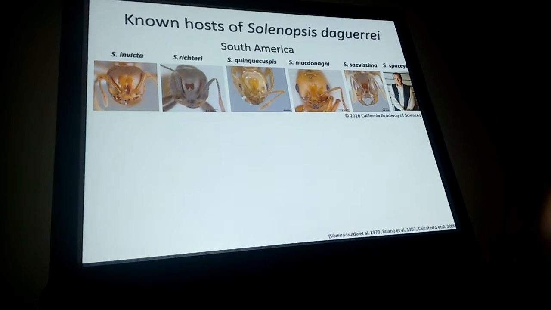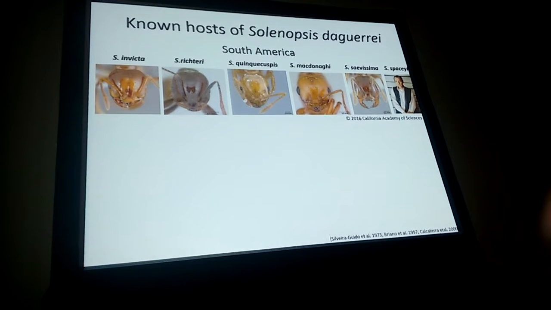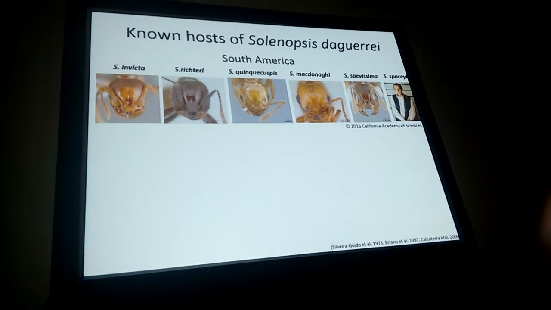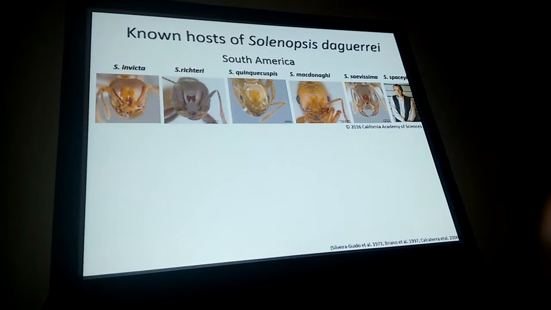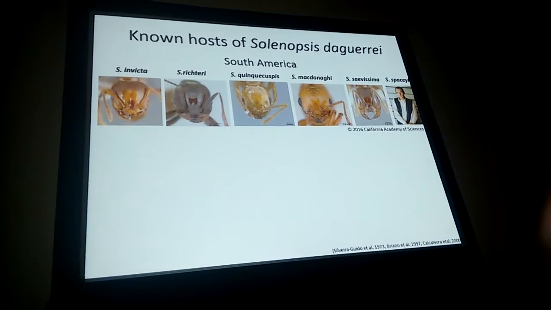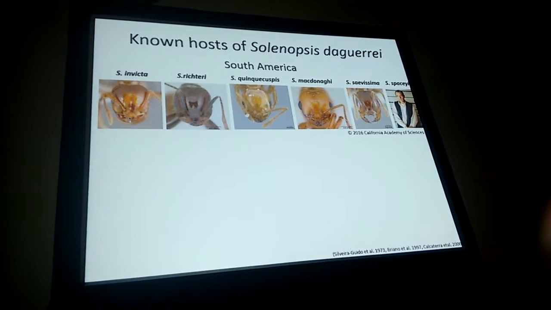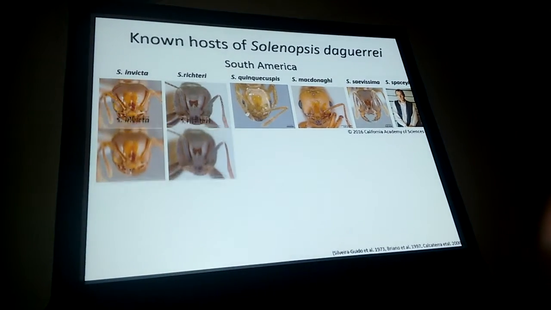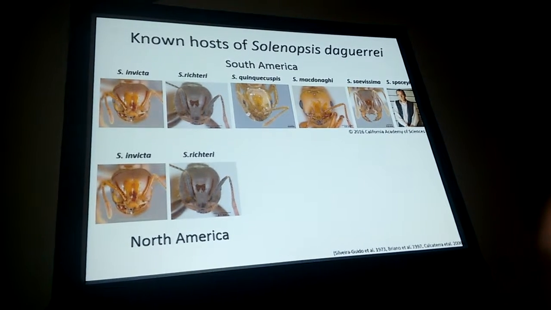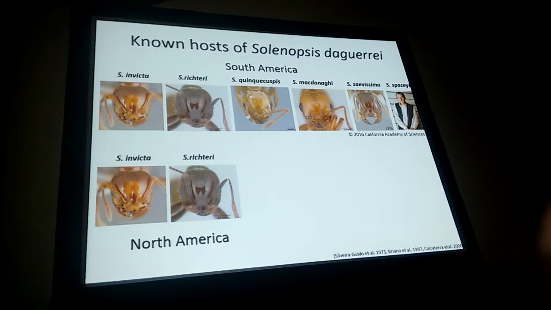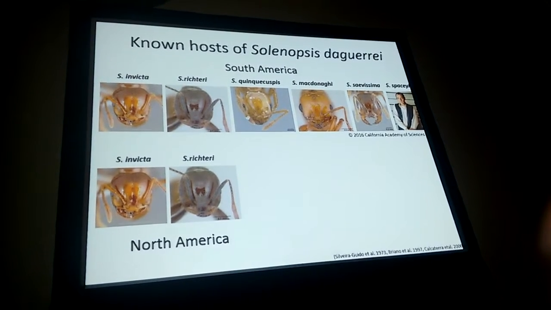So for daguerrei, there are 5 known host species, other than Kevin Spacey. These are in the Saevissima complex, so these are fire ants. They're native to South America, and 2 of these species have been introduced to the United States. So there's Invicta and Richteri, the imported red and imported black fire ant.